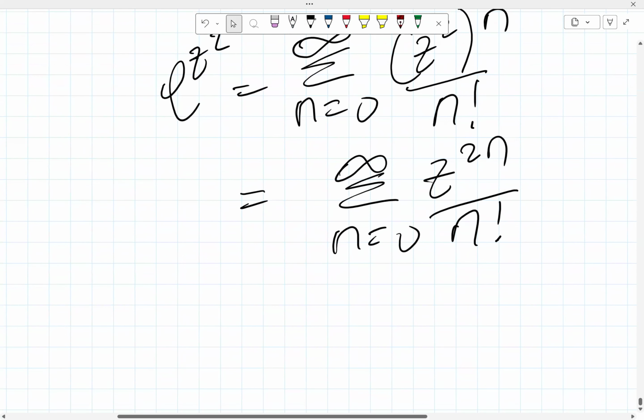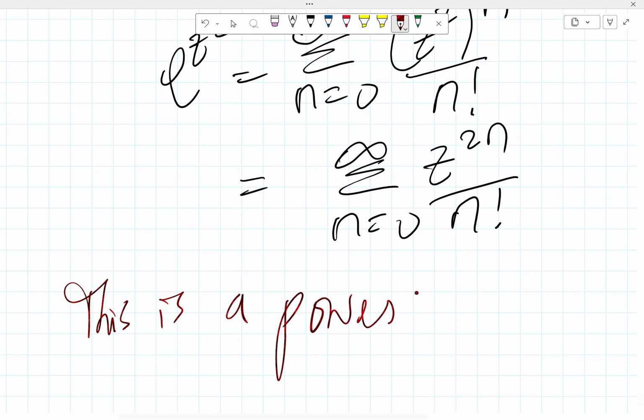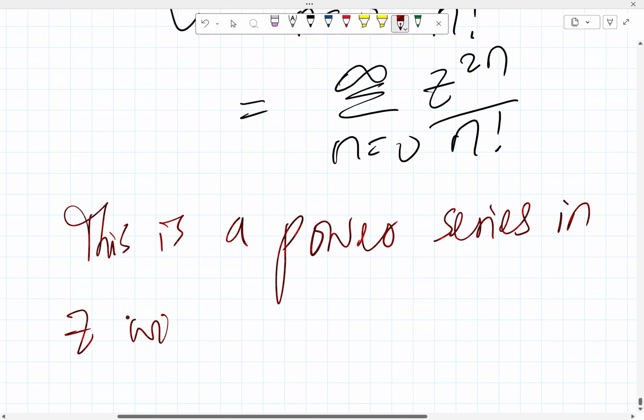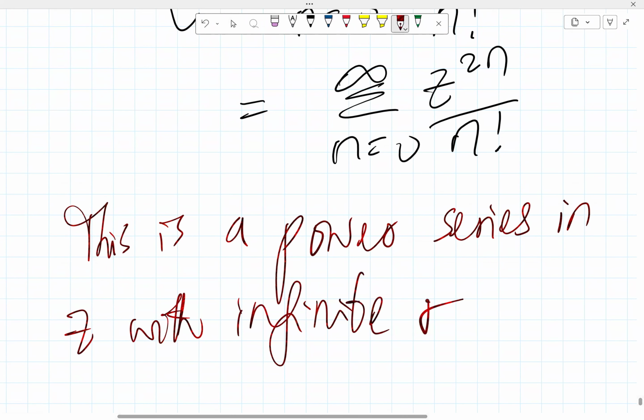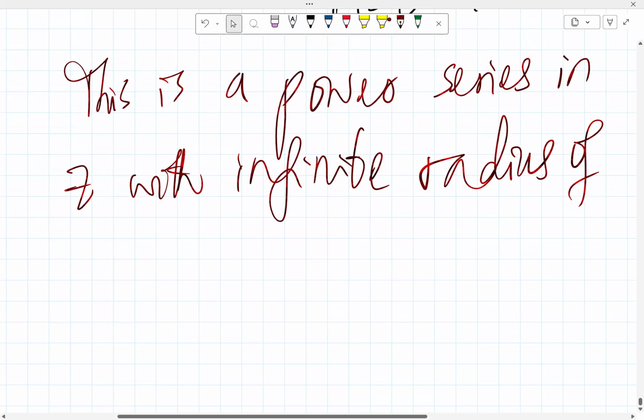So we see basically that this is a power series in z with infinite radius of convergence.